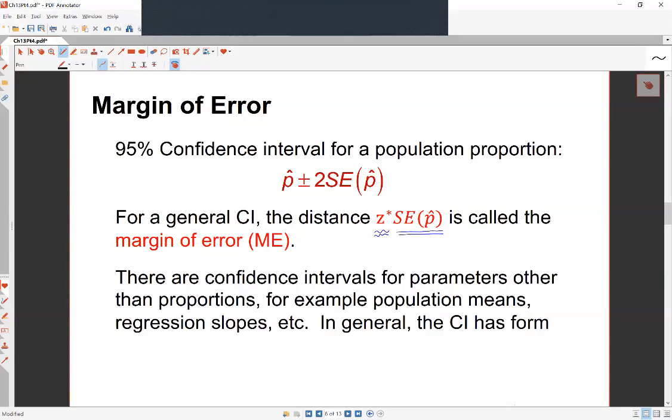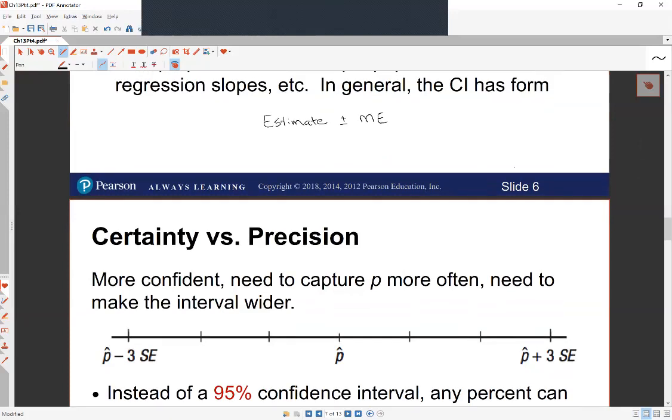But the general formula is always going to be, we're going to have some estimate, some value calculated from a sample trying to get at what the true population value is, and the confidence interval formula will always be plus or minus some margin of error. So that's a very general way in which we calculate confidence intervals.